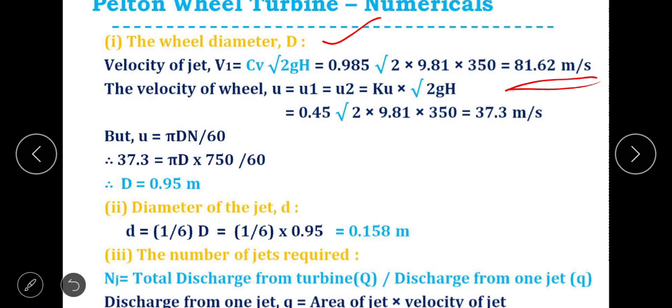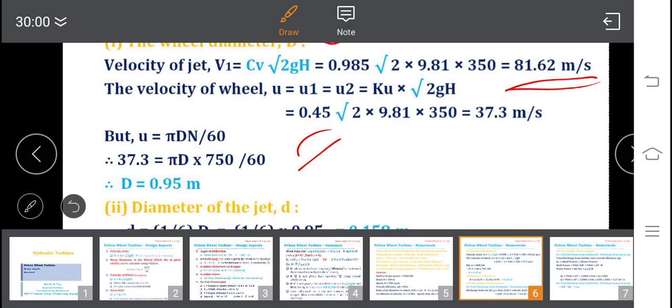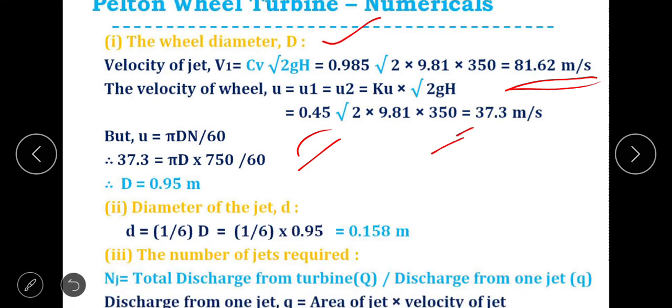The velocity of wheel u is equal to u1 is equal to u2 is equal to Ku multiplied by under the root 2gH. Ku value is given as 0.45 multiplied by under the root 2 multiplied by 9.81 multiplied by 350, where 350 meter is the head given, you will get 37.3 meters per second.